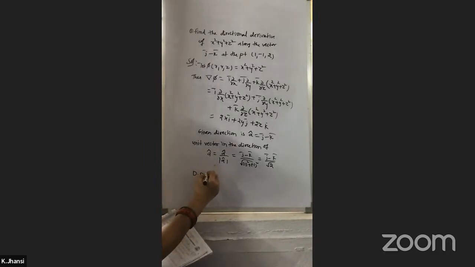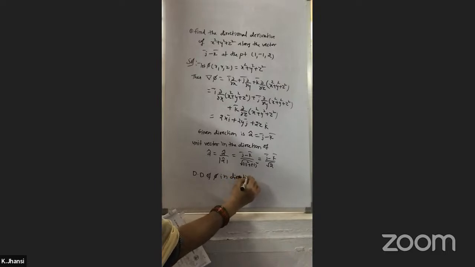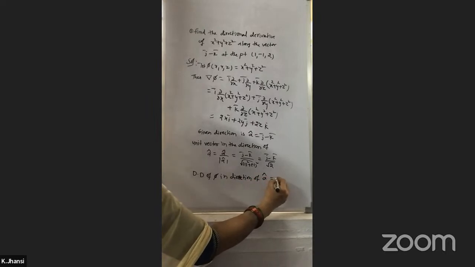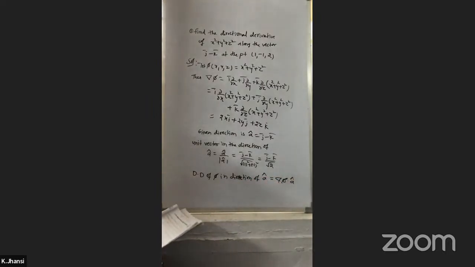So now the directional derivative of phi in the direction of A, I am writing in shortcut, that is dd. Directional derivative of phi in the direction of unit vector A is equal to del phi into unit vector A. Okay.